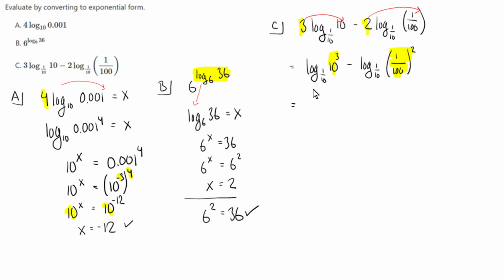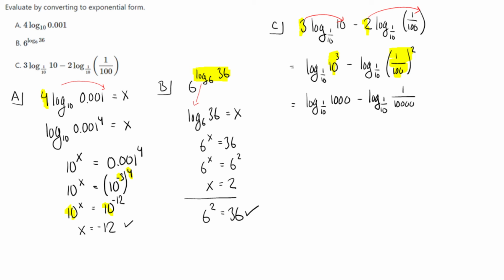So we're going to get log with a base of 1 over 10 of 1000 minus log with a base of 1 over 10 of 1 over 10,000.